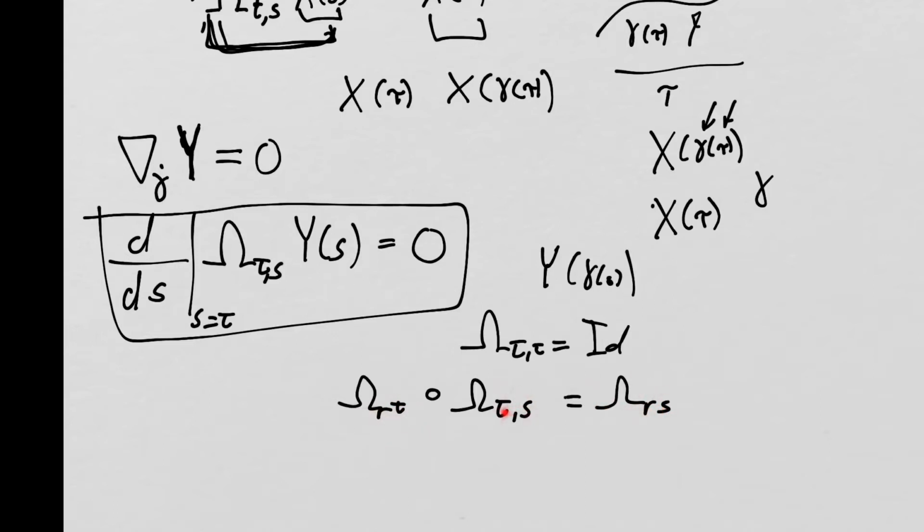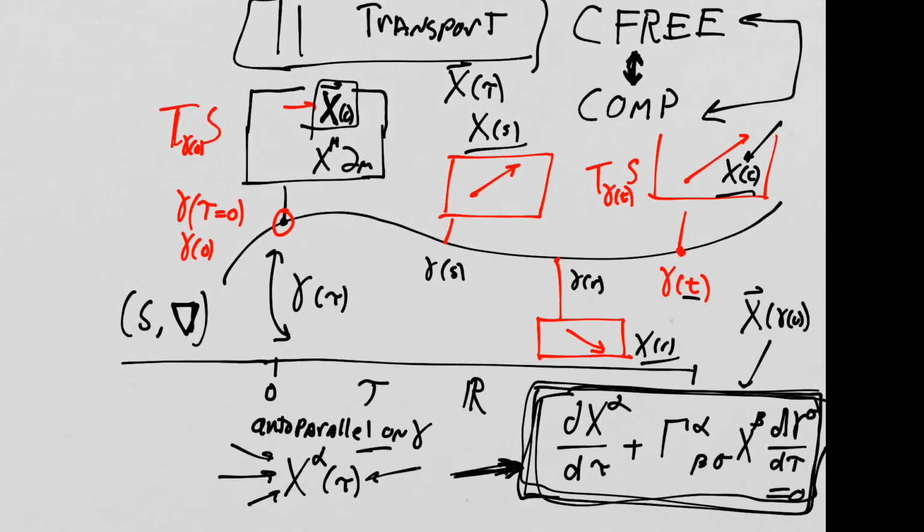And these are, by the way, finite distances, where finite means they're finite values of the parameter tau, right? So this isn't an infinitesimal distance like we've talked about previously. The word distance is a little awkward because we don't have a metric. So what I should say is finite changes in the value of the real number tau, which parameterizes the curve. In some sense, we do have a metric, right? If you have a curve and tau is a parameter on the curve, tau is a bit of a metric.